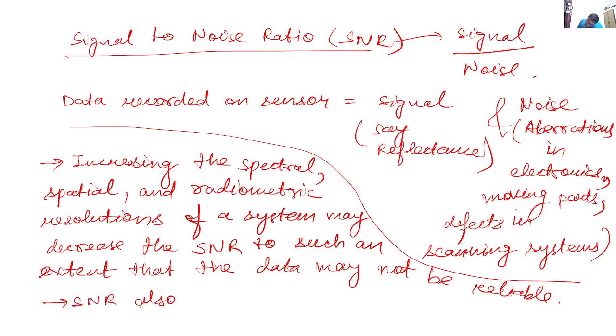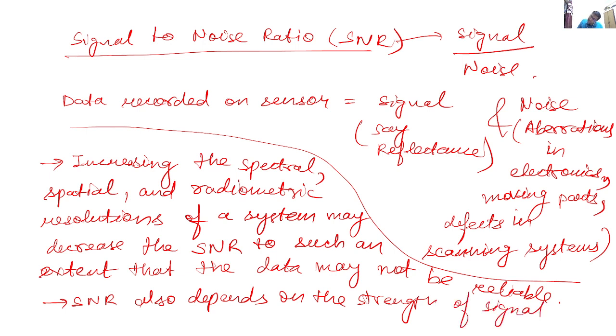SNR also depends on the strength of signal available. So, to maintain a uniform SNR, the bandwidths are adjusted for different bands.